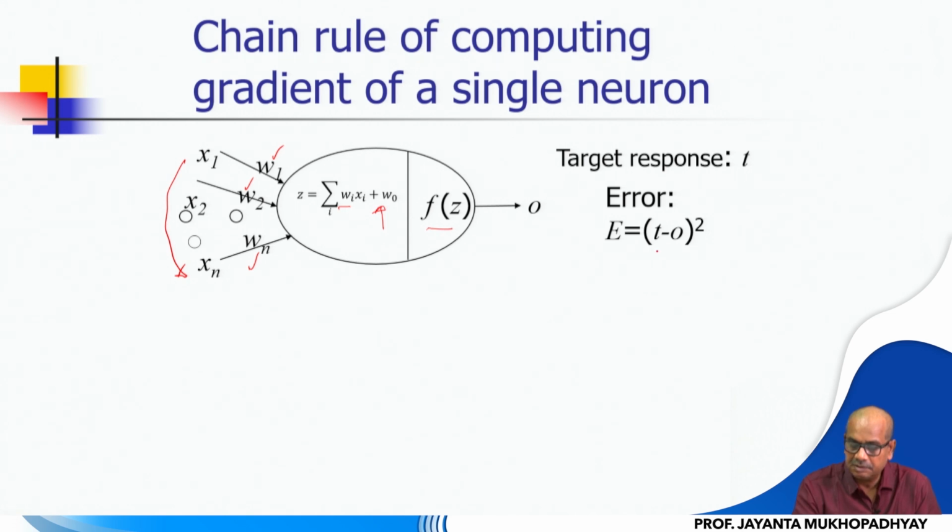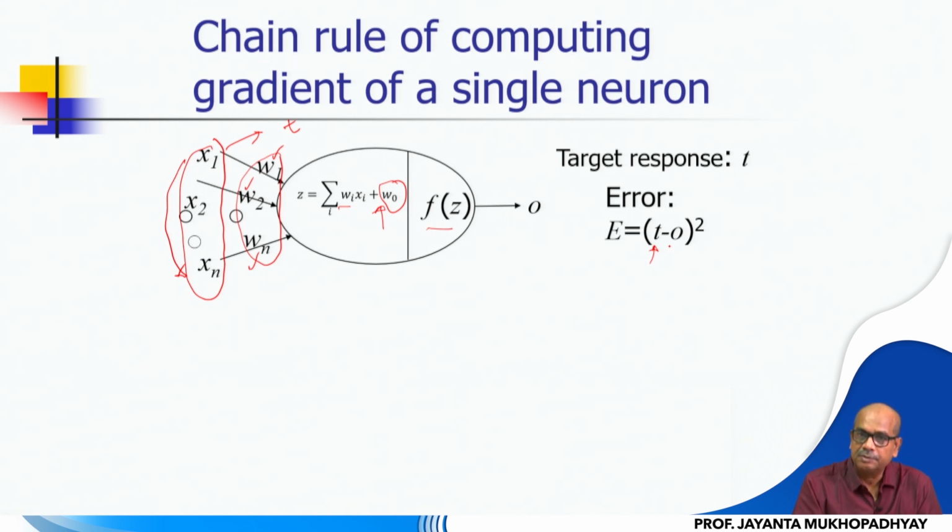T is your specified value, we call it the target response, given this input. That is the training example, the training data with respect to this input. And O is the computed one at a particular value of these parameters. So, the error becomes (T minus O) whole square.